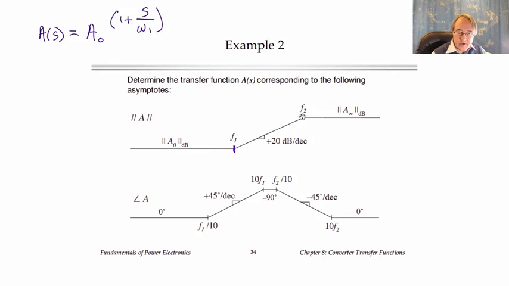We continue until we get to F2, and after F2 the slope decreases by 20 dB per decade, and it goes back to a flat slope. Well, the kind of term that decreases the slope by 20 dB per decade is a pole. And so the transfer function A of S can be written in this way.